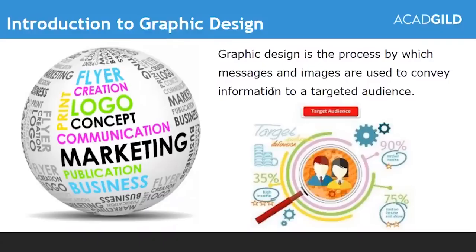If I ask you what you understood about this point, what is graphic designing? Graphic design is the process by which messages and images are used to convey information to the target audience. Not only the images.